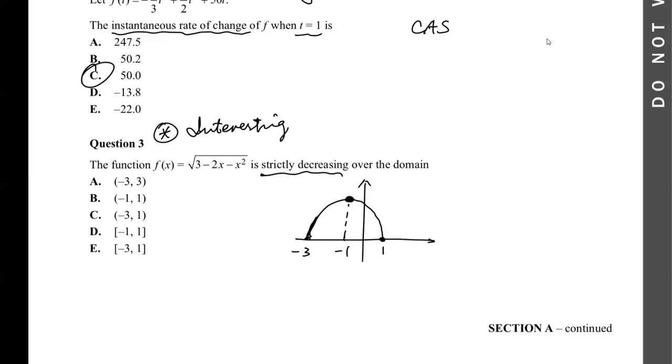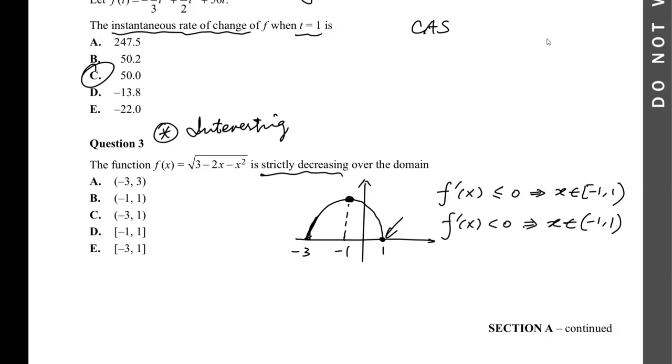So it's just a matter of using f dash of x less than or equal to 0 or f dash of x less than 0, okay? But the gradient is undefined at that point. If we follow the first one, we get a domain of -1 to 1, open bracket. If we follow the second definition, we will have x from -1 to 1, both open brackets.